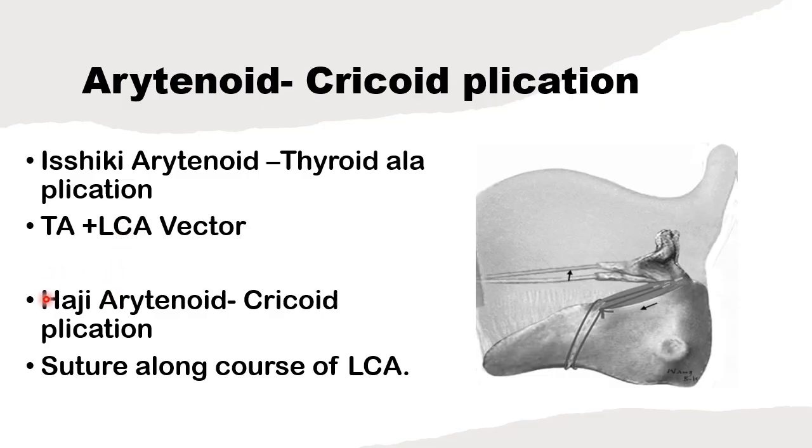In the Haji modification, he would suggest pulling the suture line towards the cricoid and tying it around the cricoid from the muscular process, and this would mimic only the action of the lateral cricoarytenoid muscle. This is the major adductor of the vocal fold.